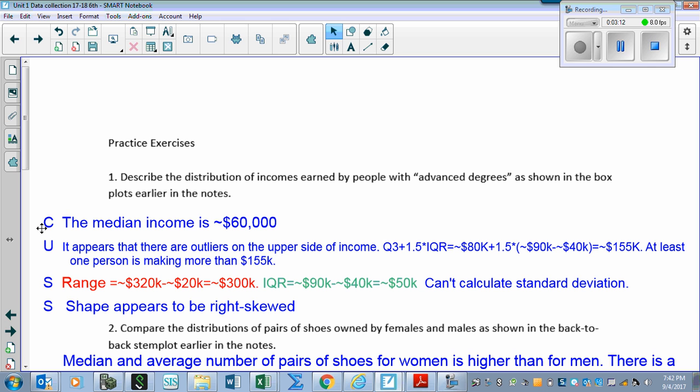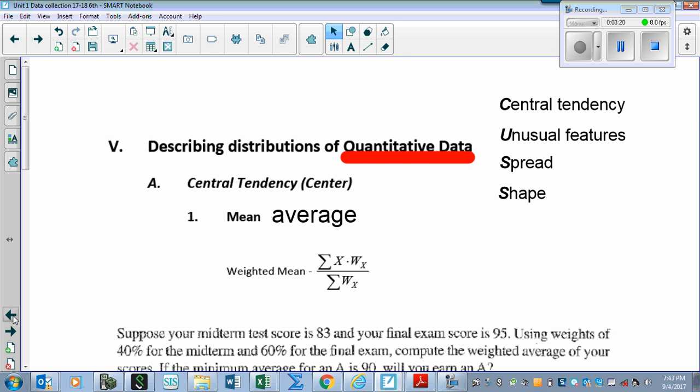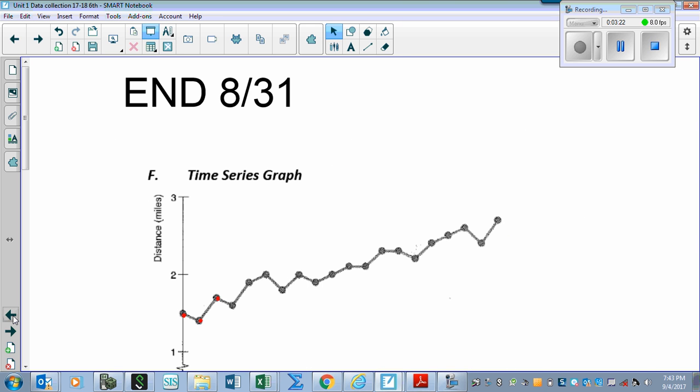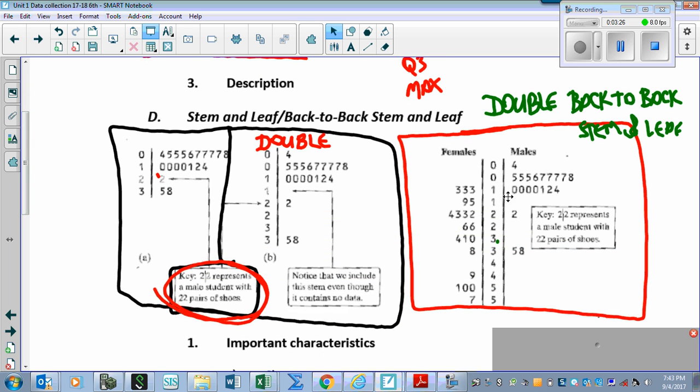Now it's asking us to compare the distribution of shoes owned by females and males shown in the back-to-back stem plots earlier. When we look at the back-to-back stem plot, it appears that the median value is higher for the females than the males.